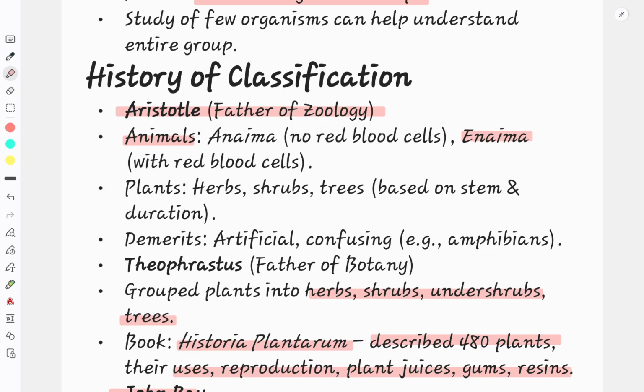You can understand an entire group on the basis of studying one or two organisms of that class, genus, etc.